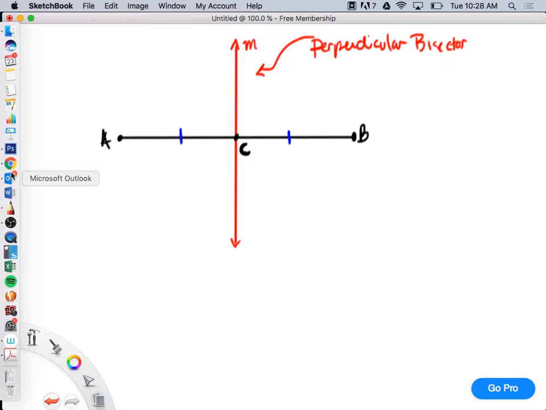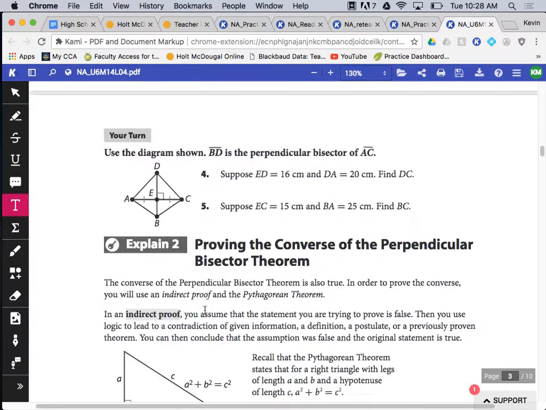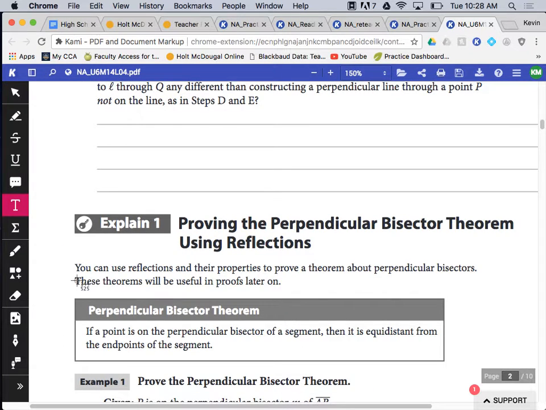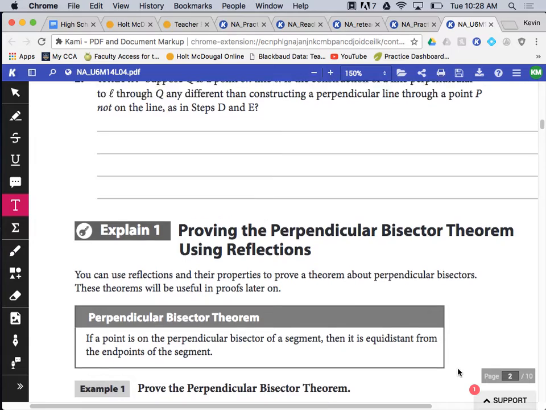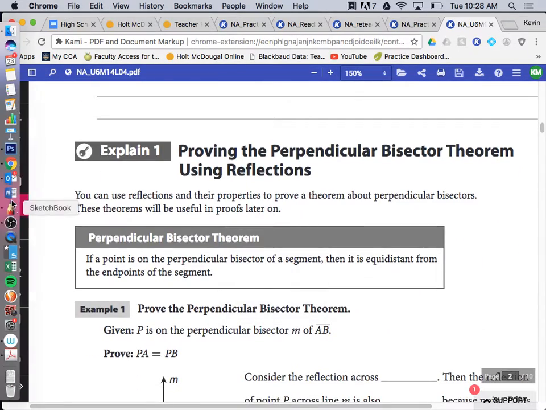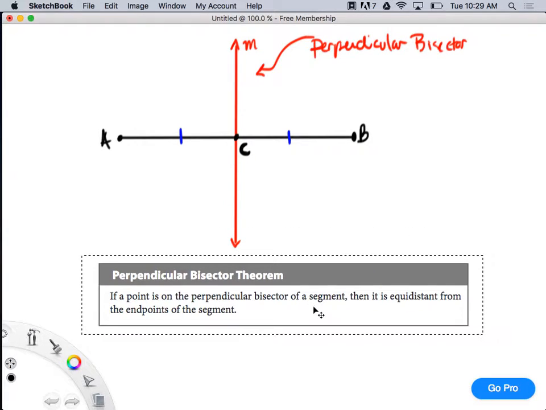Now, we're going to talk about the perpendicular bisector theorem. So everybody in your books on page 710, go ahead and read what it says about the perpendicular bisector theorem.